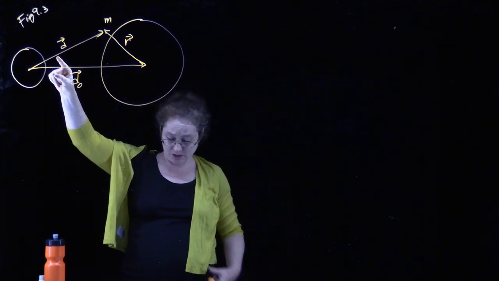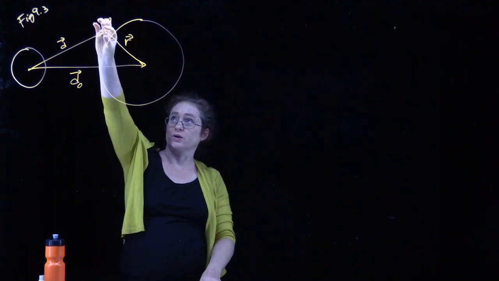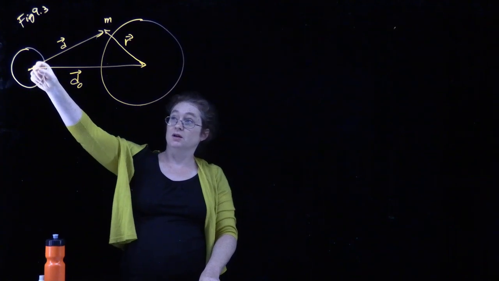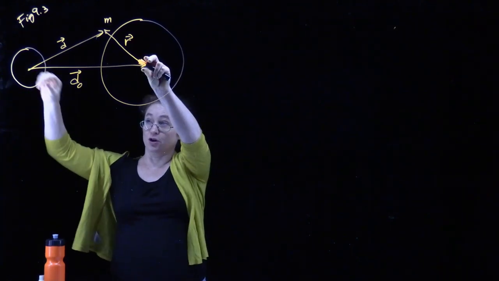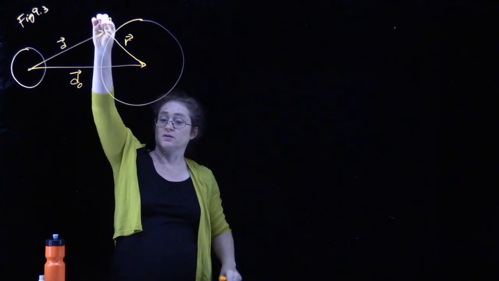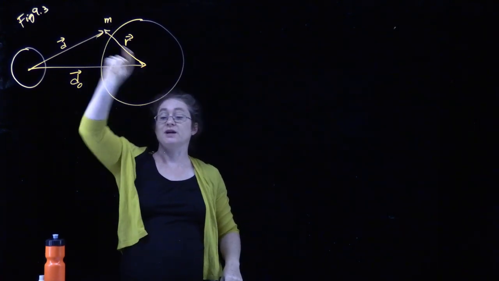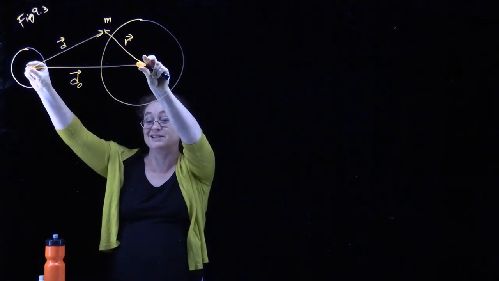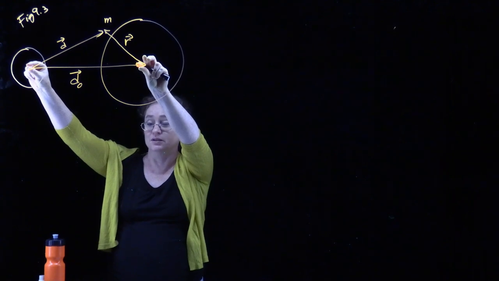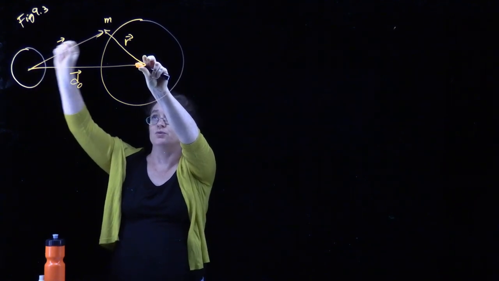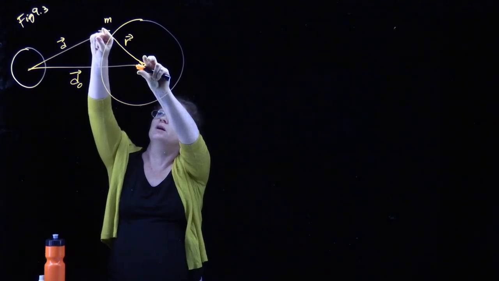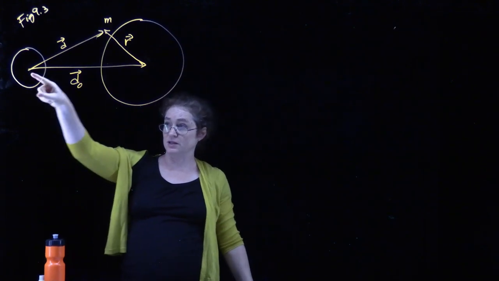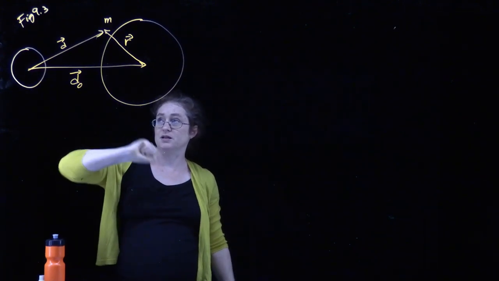We're going to compare the acceleration of the center of the Earth due to the center of the moon to the acceleration due to the moon when you are not quite at the center. So this d0 is the distance between the centers.